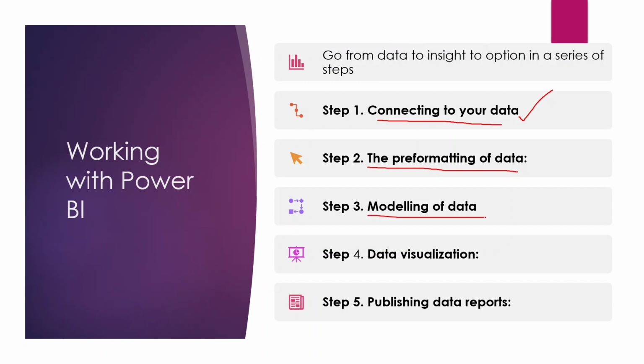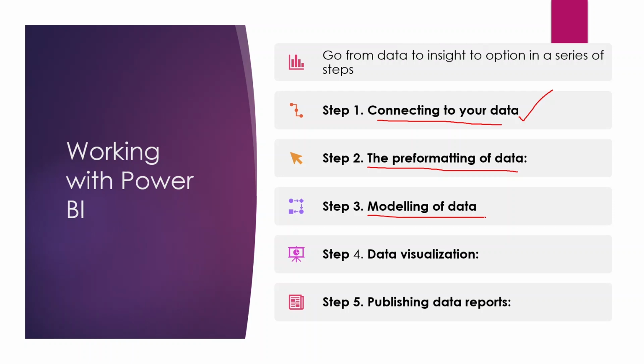Then we will have the modeling of the data. Modeling is required to plot our visualization. It could be relationships, it could be creating master tables, it could be any type that is required for our visualization.